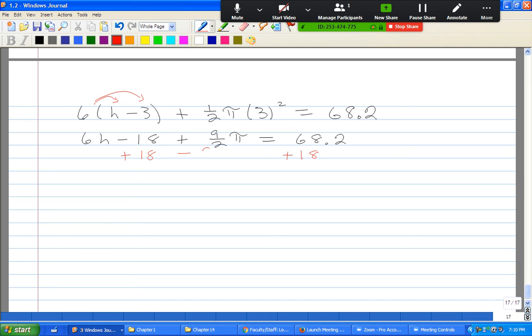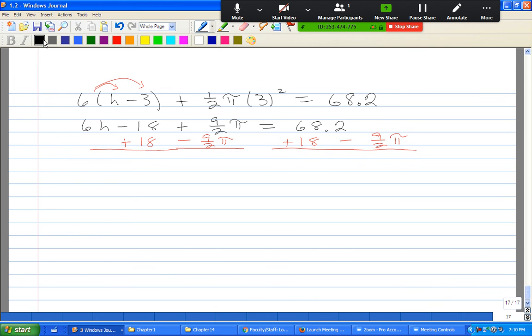Let me subtract 9 halves pi from both sides of my equation. And so if I do that, I get 6h is equal to, oh, I'm adding. I was going to say 50.2, it is equal to 86.2 minus 4.5 pi. 9 halves is just 4.5.